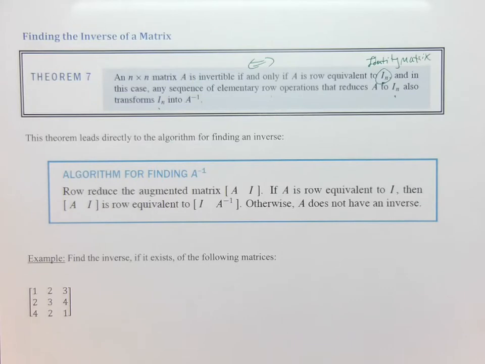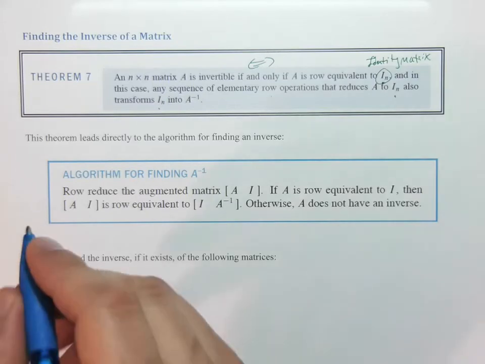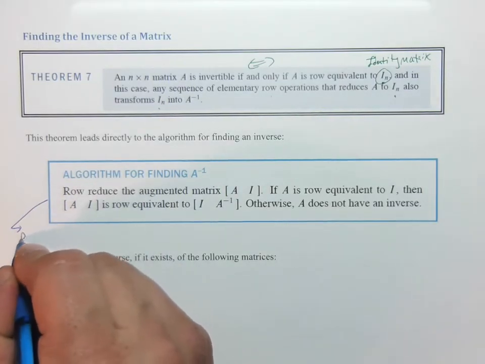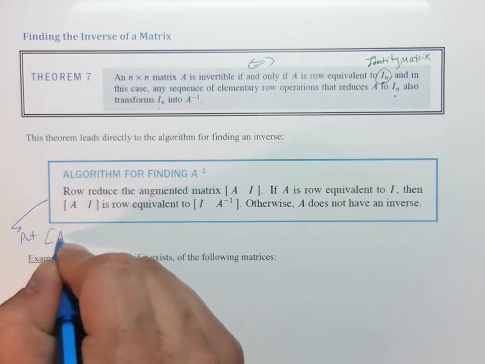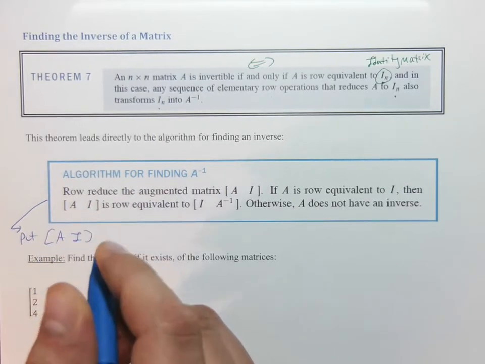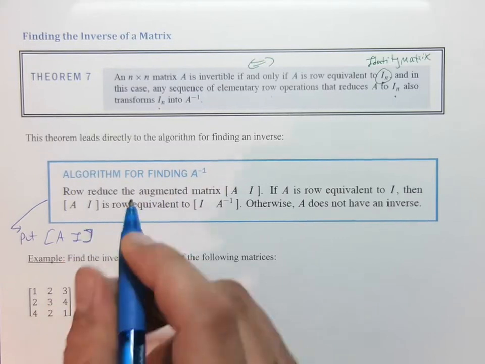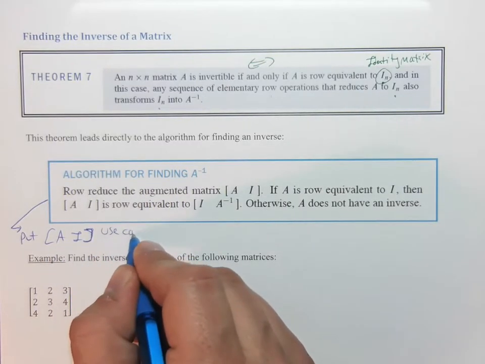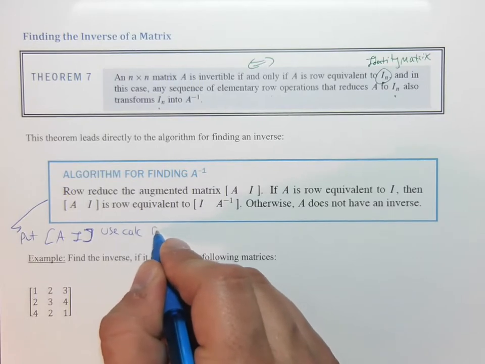Let me say that again, and maybe I'll write it out in words as I explain. What this is telling us to do is put A and I into a matrix together, so they're inside a matrix. Use a calculator to do RREF.